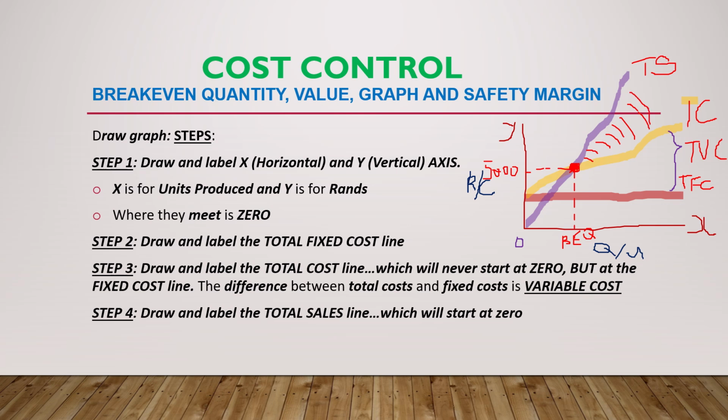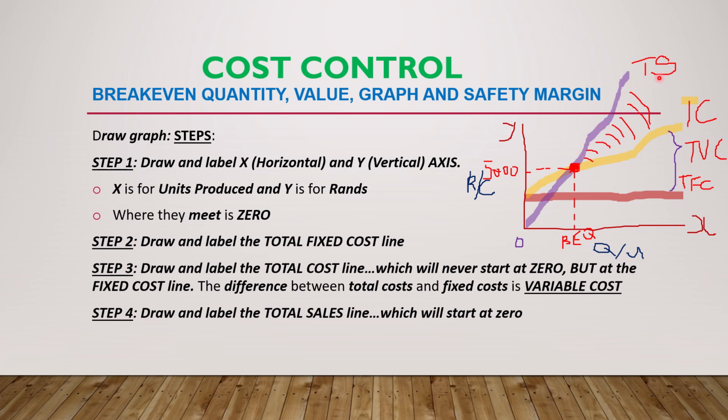So let's look here. This is the total sales graph, and this is the total cost graph. At break-even point and up, we say we're making profit. Why? Because the total sales curve is above the total cost curve, greater than graphically. That's how we interpret it.